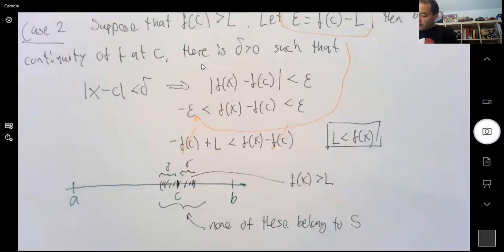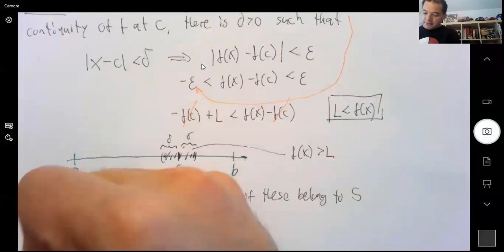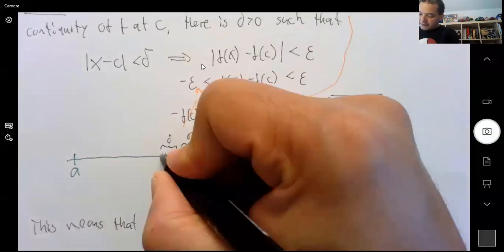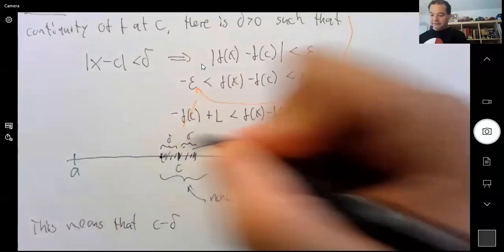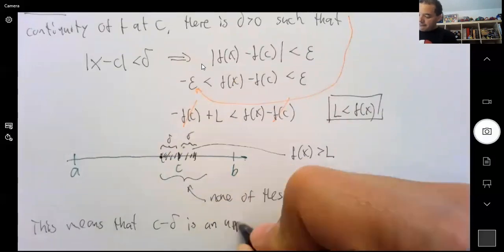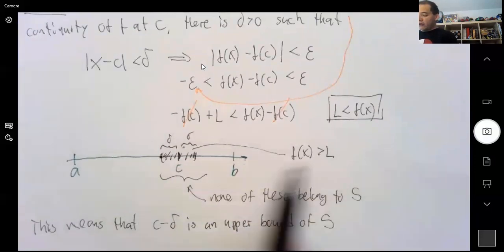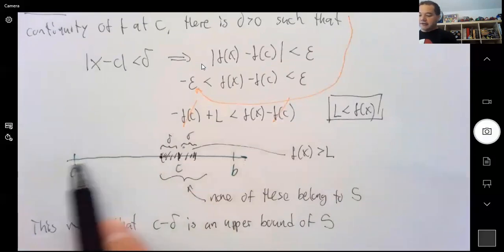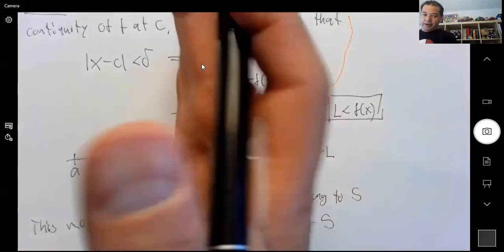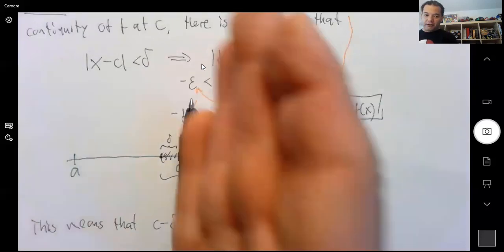So if none of these numbers belong to S, then this means that C minus delta, if I pick this point on the left, is an upper bound of S, because the numbers that are less than L are all on the left. See, C was an upper bound because it was the supremum, so everyone was to the left of C. All the elements of S were from here to the left.